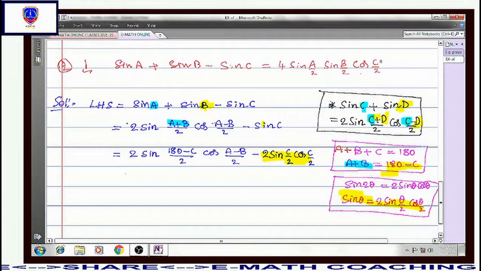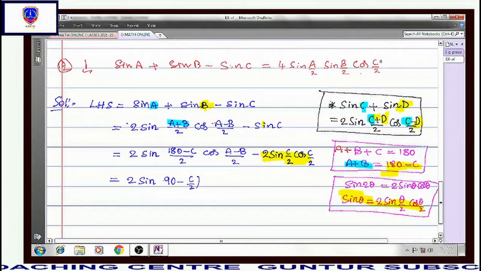So 2 sin theta by 2 and cos theta by 2 means 2 sin C by 2 cos C by 2. Now this is equal to 2 sin 180 by 2. 180 by 2 means 90 minus C by 2.